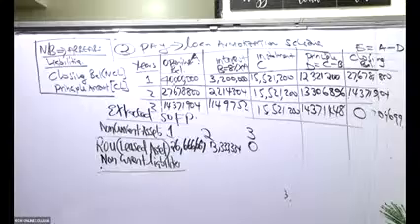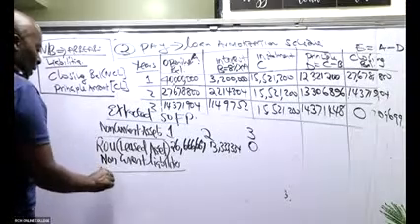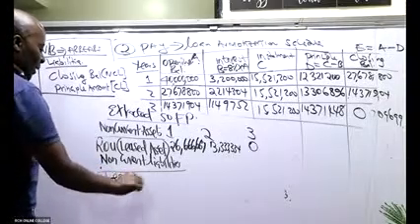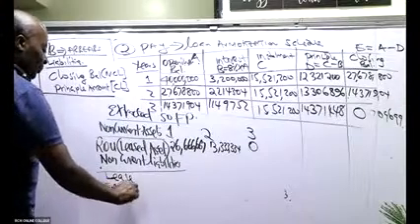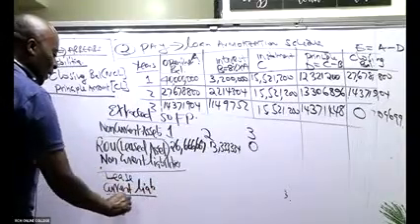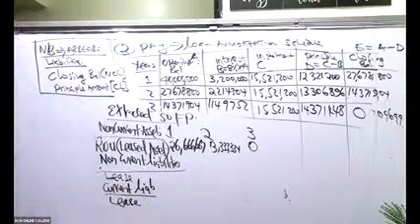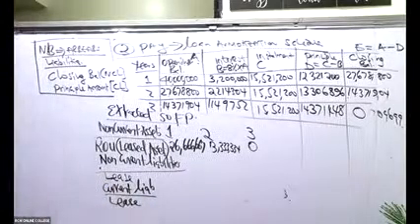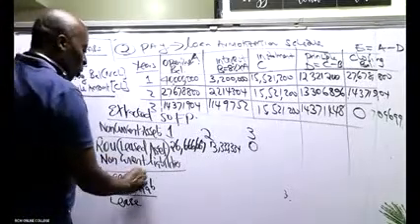Sasa ukishaandika namna hiyo, under non-current liabilities, we have here lease. You will simply write lease. And also under current liabilities, you shall also write lease. So remember, here you're going to pick what we call the closing balance.